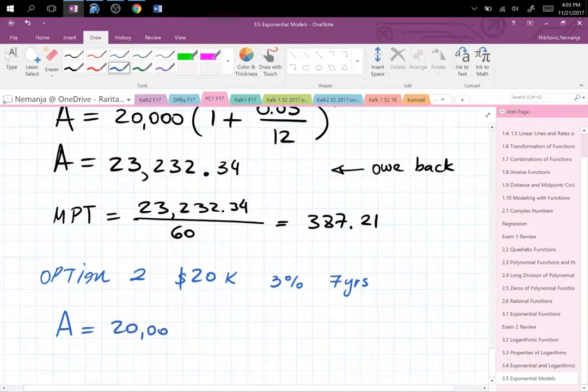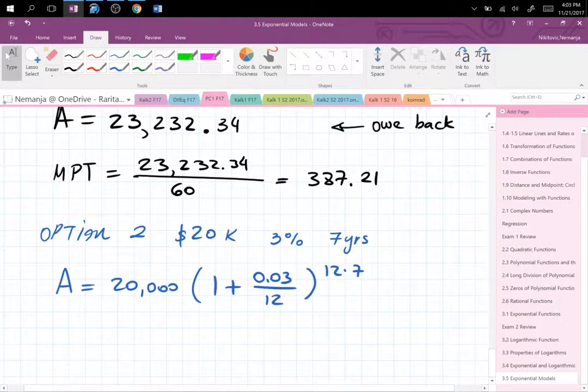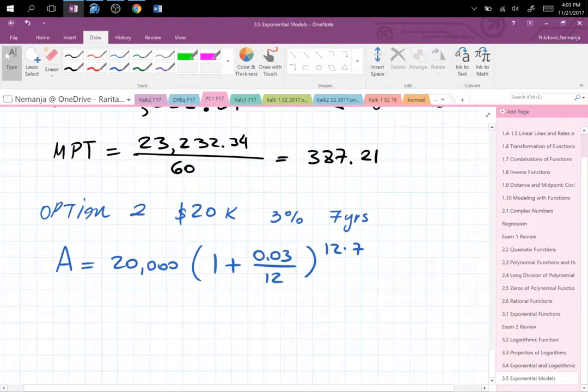You're borrowing 20K again. It is 1 plus 0.03, that doesn't change, divided by 12 months still. But now it's 12 times 7, for 84 payments. So clearly, if you have 60 payments versus 84 payments, you have more payments, so the payment has to go down. Let's punch these numbers into the calculator and see what we get.